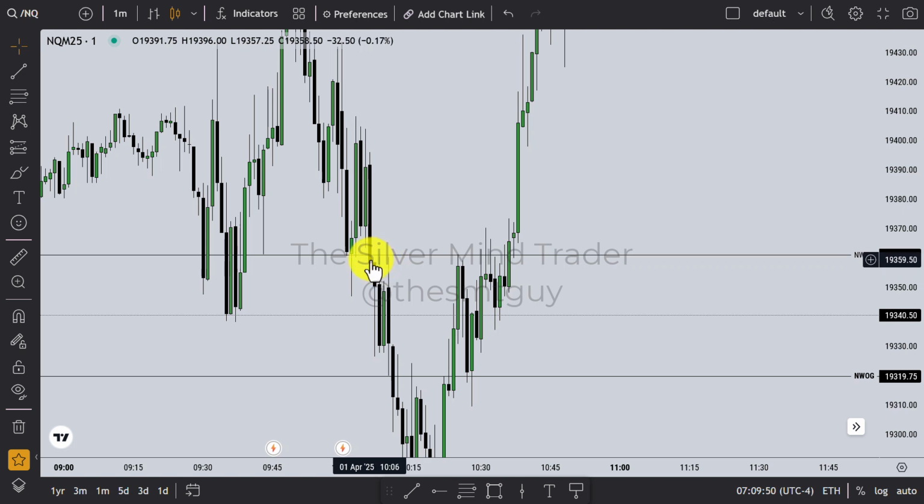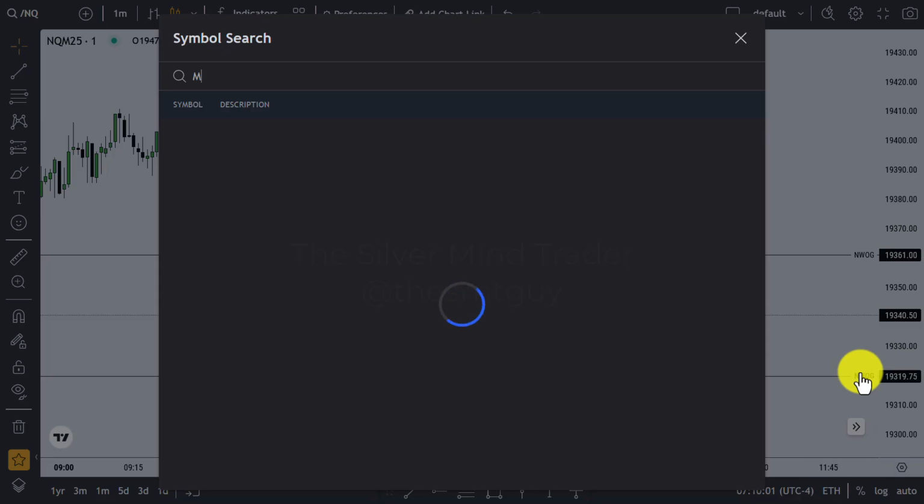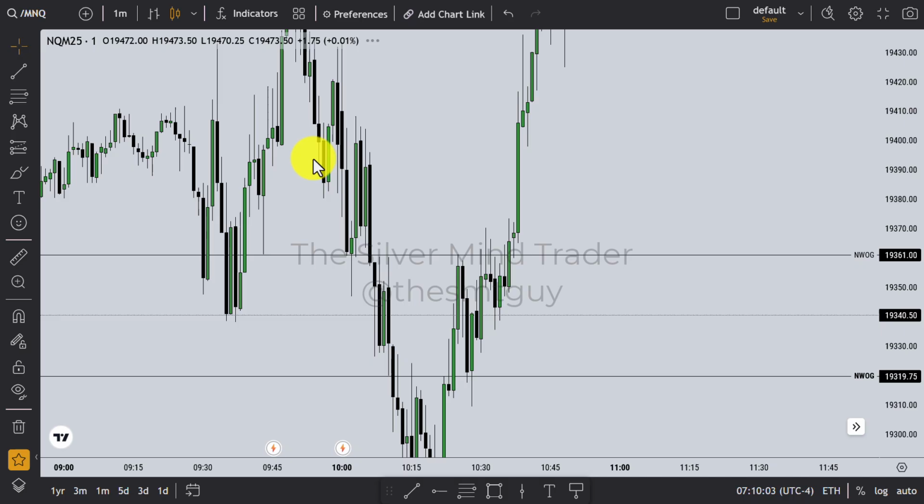This is that price action where that midnight opening price is. And look at where the new week opening gap is. Let's go back to that chart.